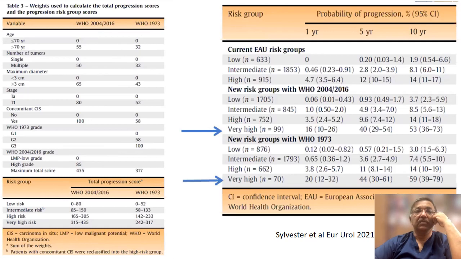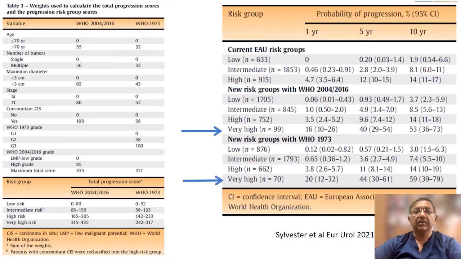So it's significantly higher in the very high risk group compared to the high risk group, and it's important that we differentiate. Again, at 5 years, it is 10 versus 40%, a 4 times difference in progression potential.